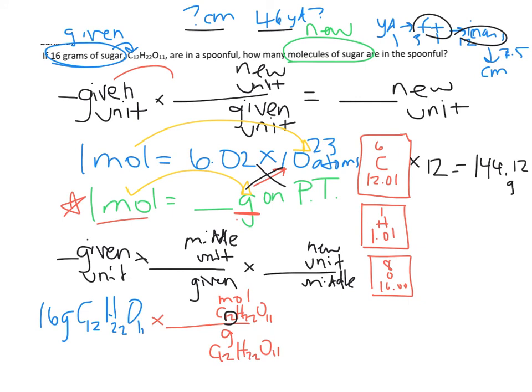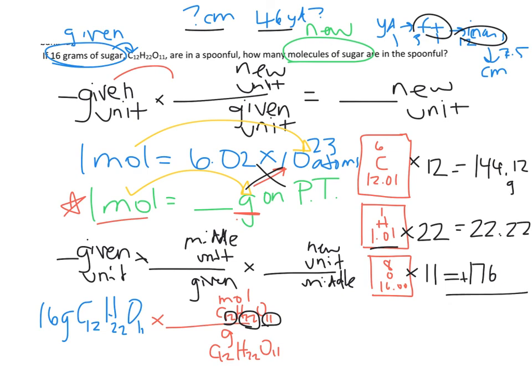And then we have 22 H's, so we're going to take our hydrogen, and we're going to times that molar mass by 22, so 22.22. Okay, and then we are going to take our oxygens. We have 11 atoms of oxygen in this molecule, so we're going to multiply that by 11. So 16 times 11 is 176, right?